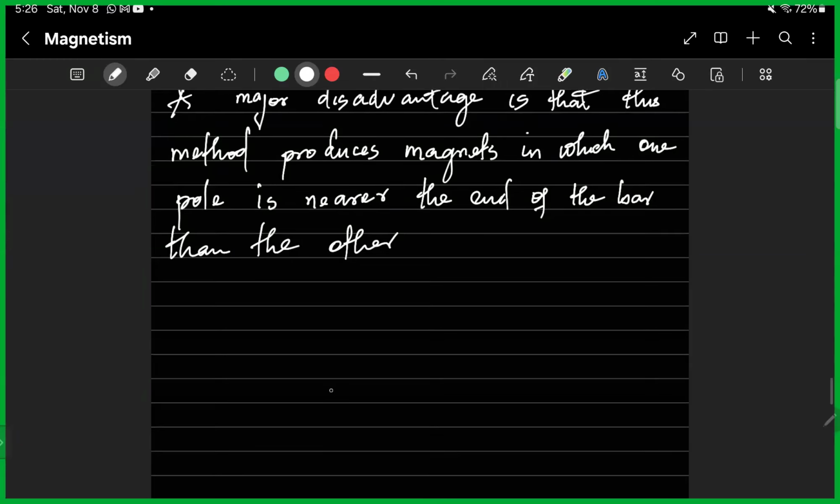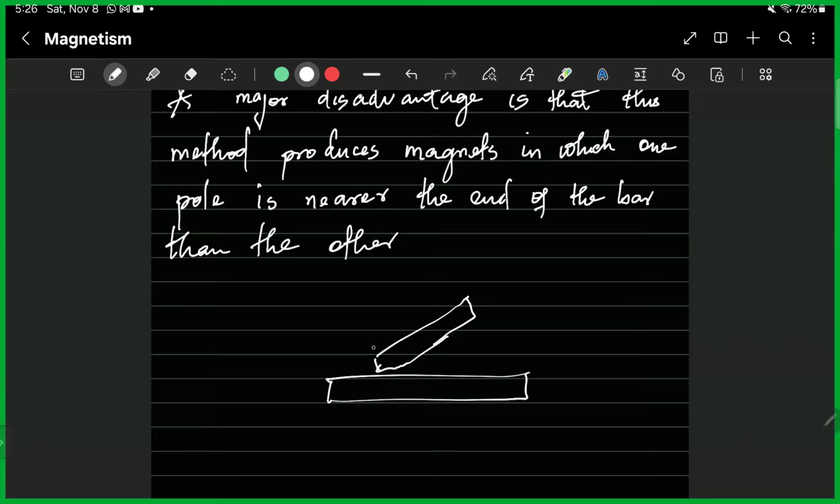a steel bar, and we say we stroke from end to end several times. Let's say this is a magnet now, and this is north and south. So we move it on the surface of this steel bar, from end to end, several times in the same direction.